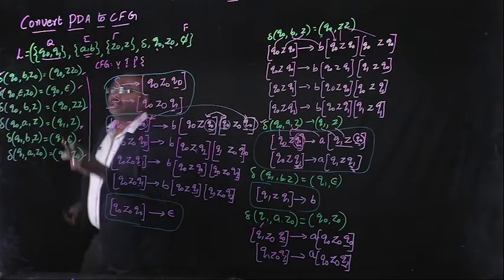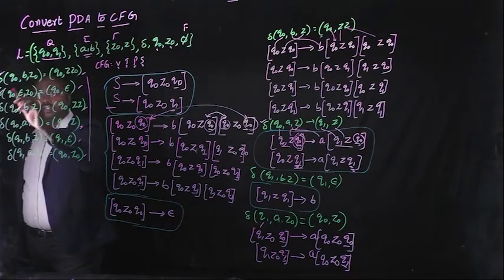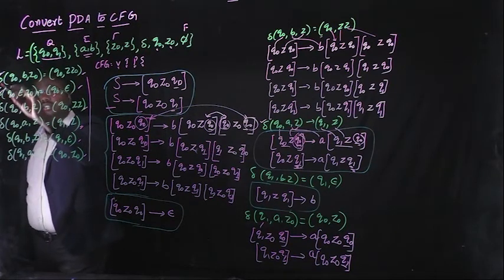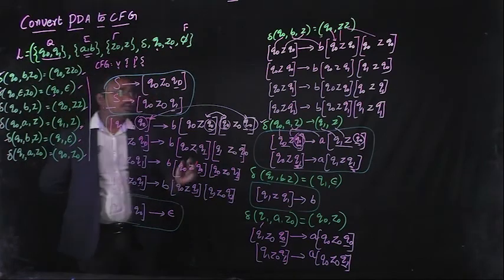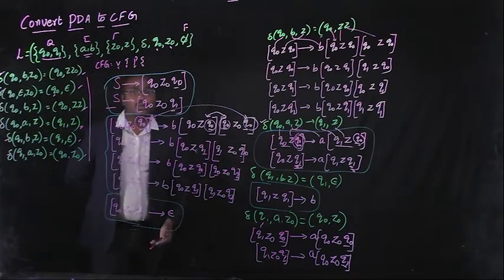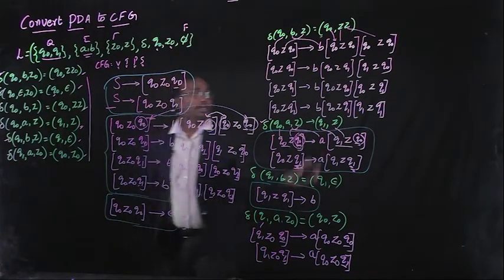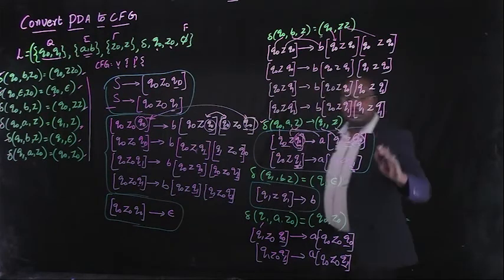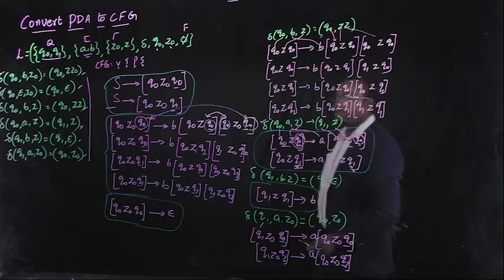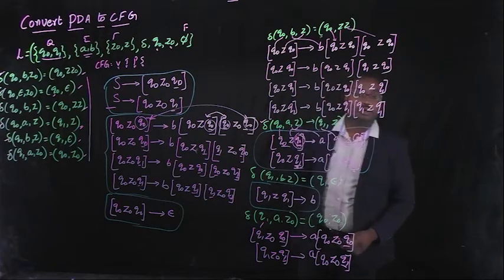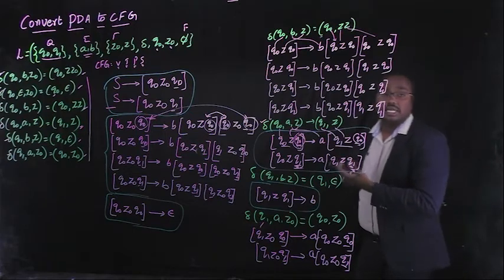So here I have to take only 6 transition functions, 1 2 3 4 5 6, but here we have to form a number of production rules. 2 4 6 7, 7 plus 4 is 11, 13, 14 and 15. So total 15 production rules we have to form with the help of the following 6 transition functions.